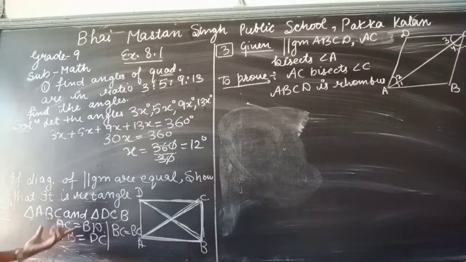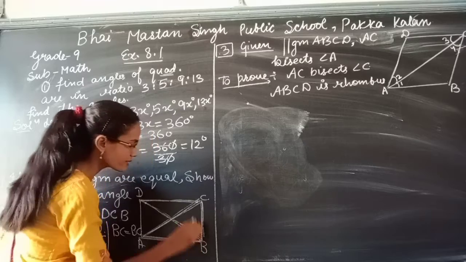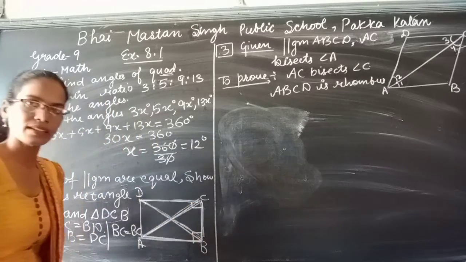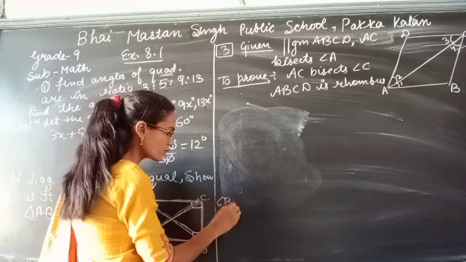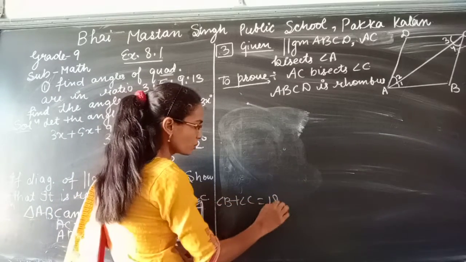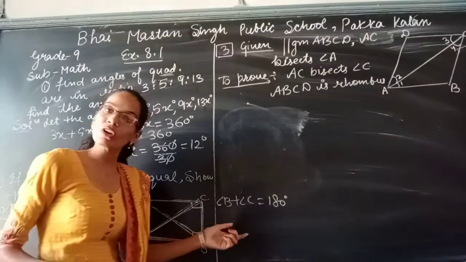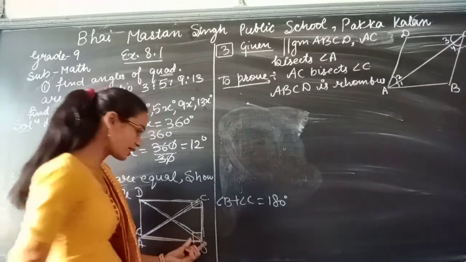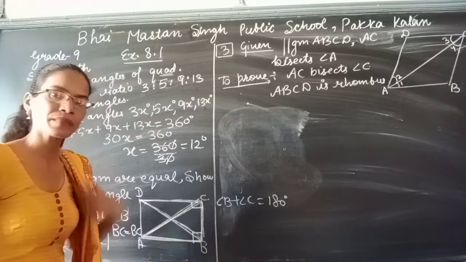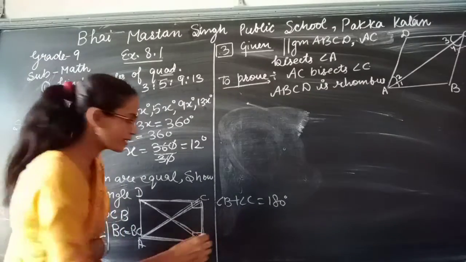It means these two triangles are congruent, so this angle is equal to this angle. But the sum of these two angles, angle B plus angle C, is equal to 180 degrees, because this is an adjacent pair of a parallelogram.